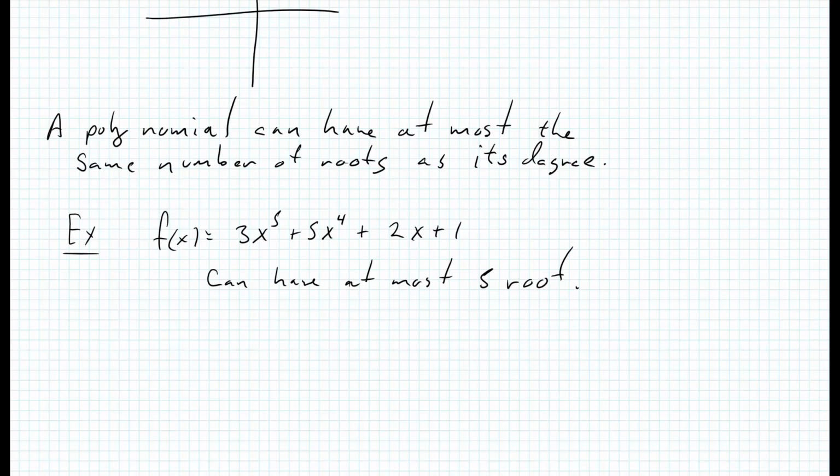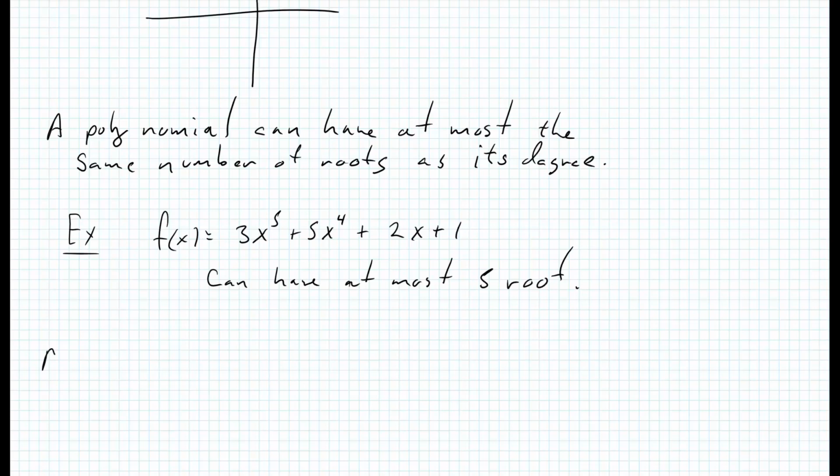It can cross fewer than 5 times, but it can't cross more. That doesn't give us a great rule. It puts an upper bound on things, but it doesn't tell us exactly how many roots there are just by looking at the leading term. It requires more analysis, and some of that analysis we're going to do today.